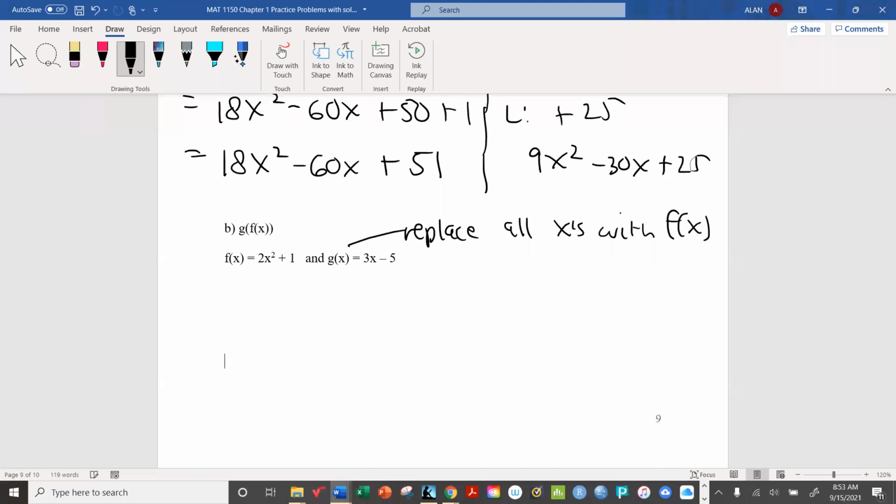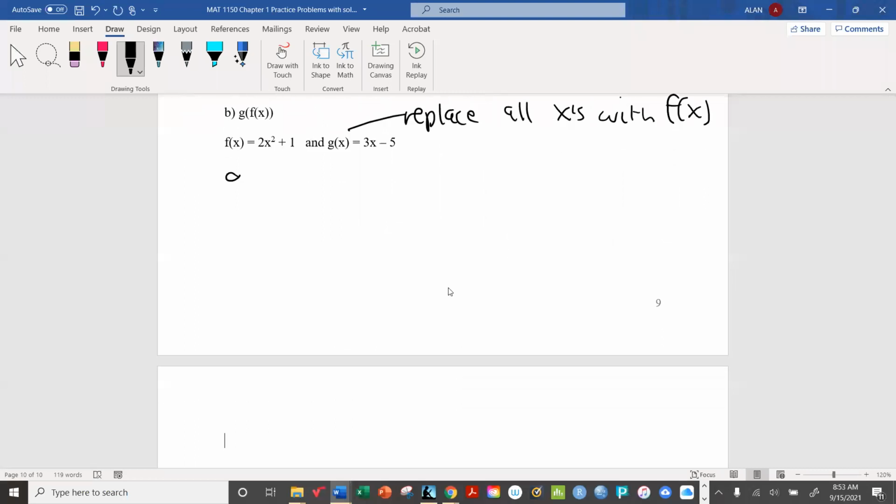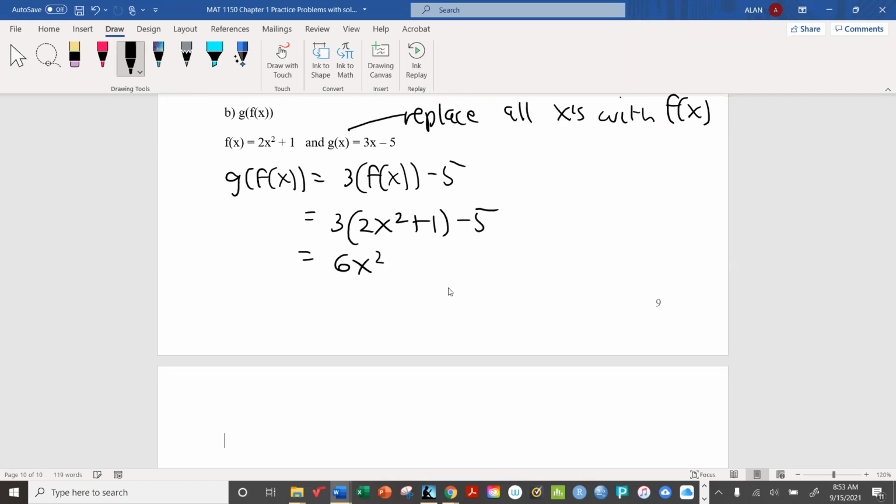So g of f of x would be 3 times f of x minus 5, 3 times 2x squared plus 1 minus 5, 6x squared minus 2. That's it. Oh my God, that was too easy. And that's it. You're done.